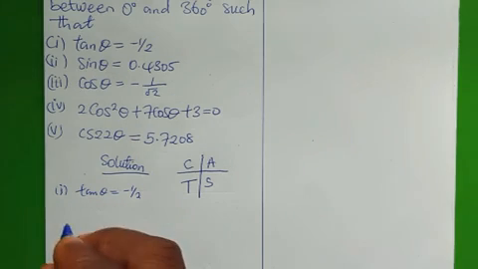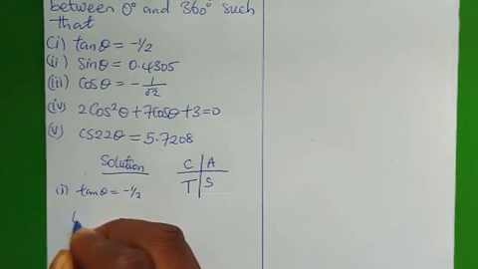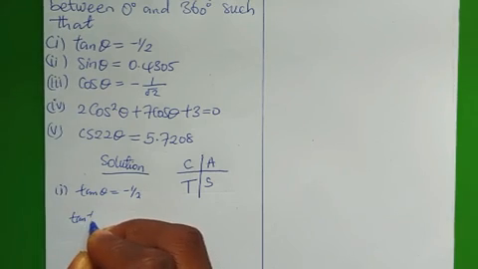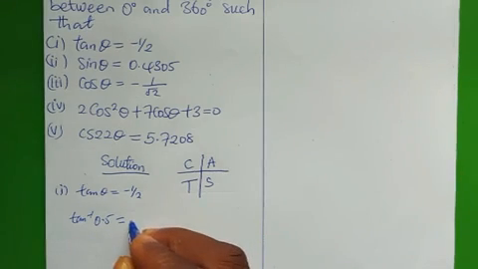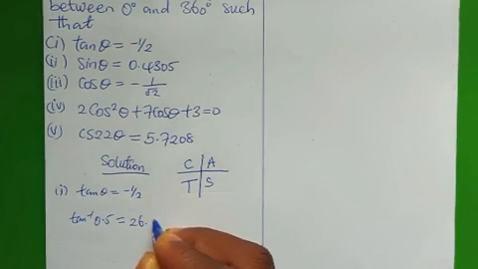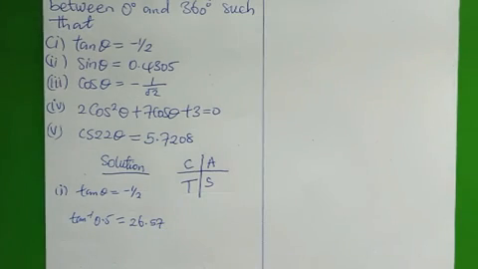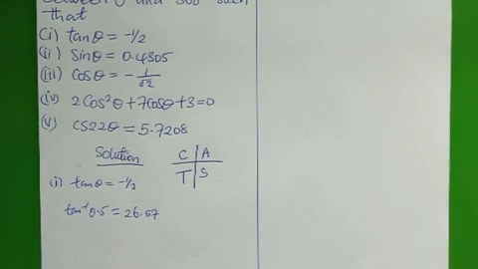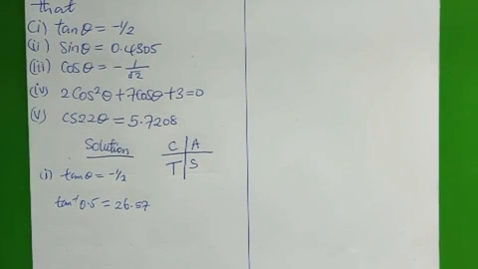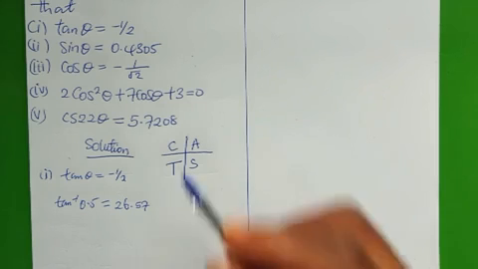Let's just say tan inverse of 0.5, it will give us 26.57. It means that if you press tan 26.57 in your calculator, you are going to have 0.5, not negative.